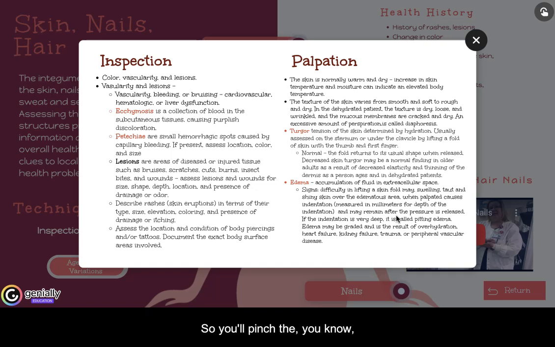So with your thumb and your finger, you pinch the skin. And if it's tenting, T-E-N-T-I-N-G, then that means that they're dehydrated, right? The normal skin fold will return to its usual shape when released. Decreased turgor is normally found in older adults as a result of decreased elasticity and thinning of the dermis.